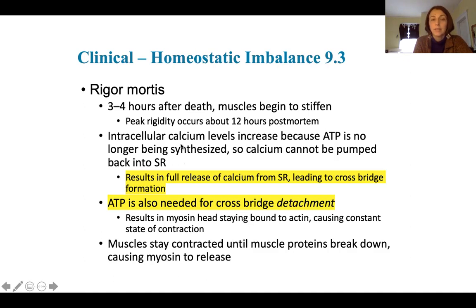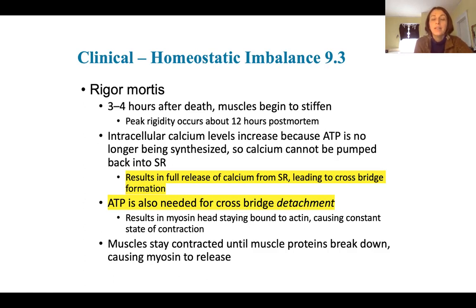Again, intracellular calcium is released, and ATP energy is no longer synthesized, because the whole body system is down. So there's no calcium pumped back into the sarcoplasmic reticulum, which means it's just hanging out there. That is what leads to a permanent cross bridge formation. Because you need ATP for detachment as well, and we don't have it, it stays in a constant state of contraction.